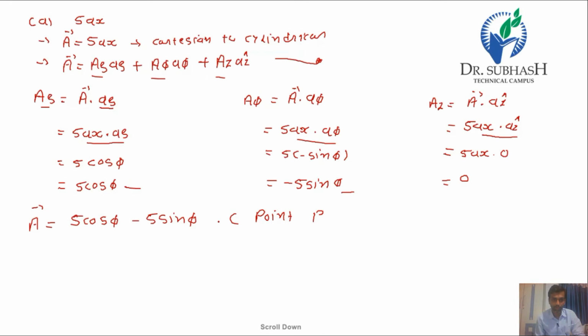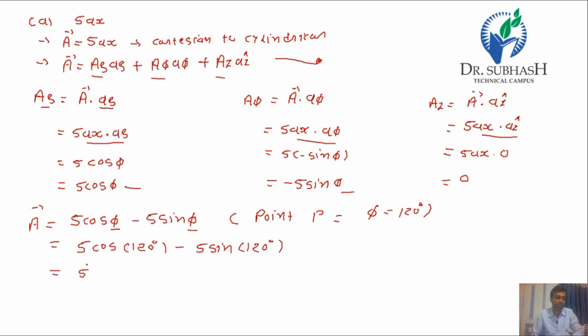So if we put the value of φ here, then we get the vector A at point P. So ρ cos 120 degrees minus ρ sin 120 degrees. The value of cos 120 degrees is minus 0.5.